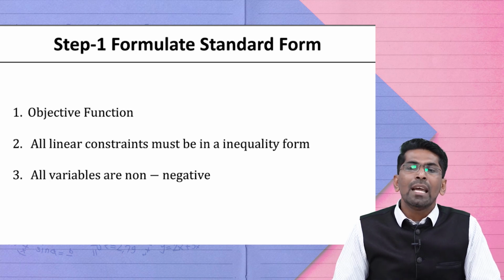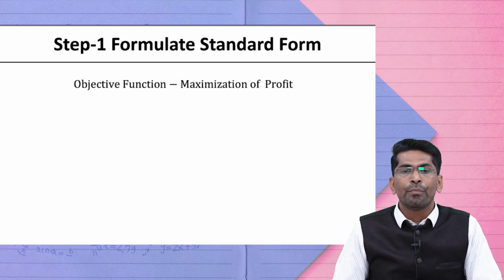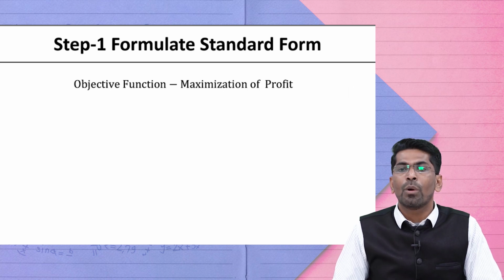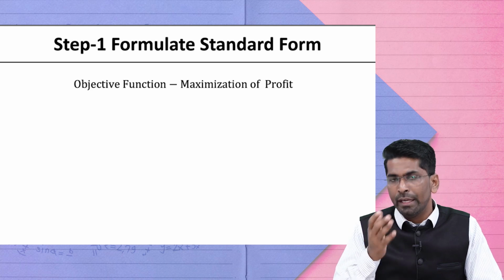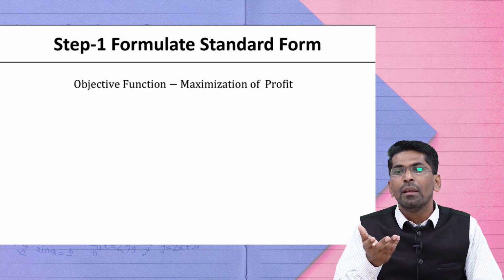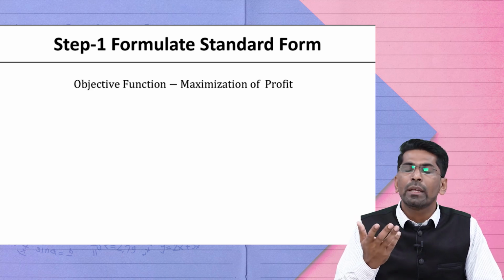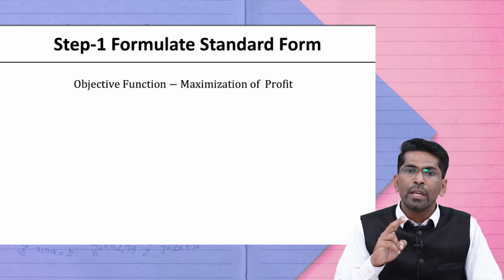Now, for example, we are going to introduce our problem in the form of maximization of profit. The objective function here is the maximization of profit, taking into account simply two variables only initially for simplicity. In the next lectures we will also consider the more than two variable case, for example the 3 variable case as well. So here we are considering the 2 variable case.